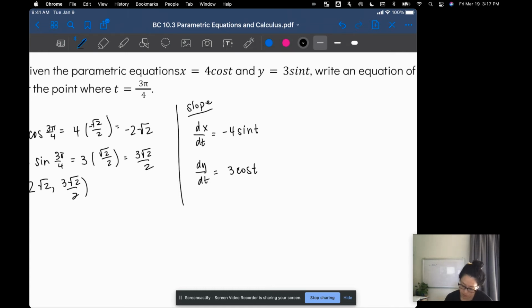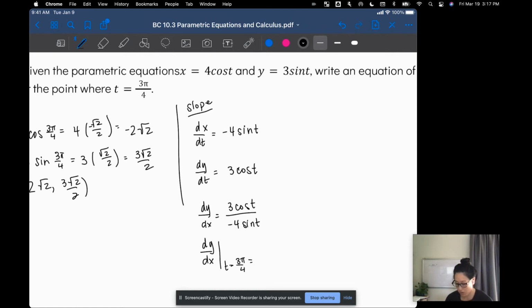So that means that the derivative dy/dx is equal to 3 cosine of t over negative 4 sine of t. Okay, and then what I want to do is evaluate this derivative at t equals 3π/4.